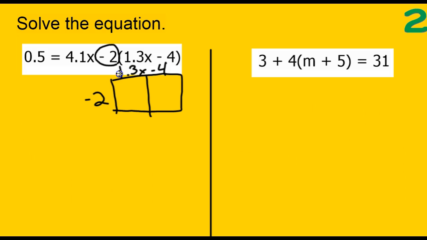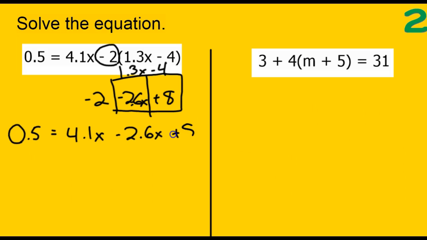So a negative 2 times 1.3x will give us a negative 2.6x, and negative 2 times negative 4 gives us a positive 8. So we have 0.5 equals 4.1x minus 2.6x plus 8.